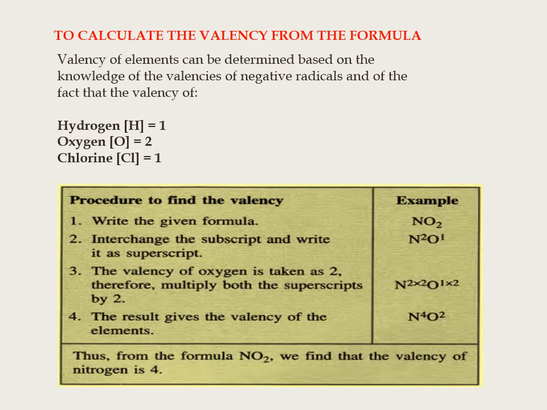The procedure is: write the given formula, interchange the subscripts and write them as superscripts. The valency of oxygen is taken as 2, therefore multiply the superscripts by 2. The result gives the valency of the elements. Thus, from the formula NO3, we find the valency of nitrogen is 4.